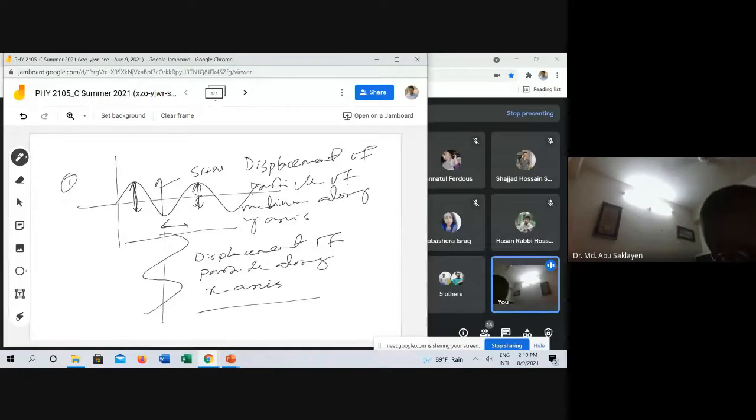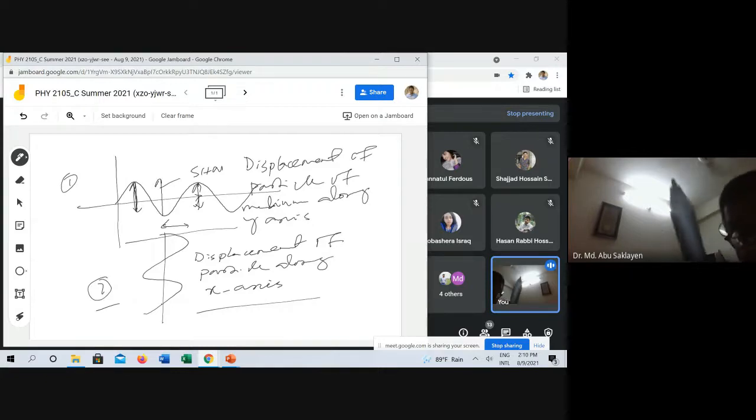So if they act individually, independently, the particle of the medium oscillates along y-axis, and displacement of the particle along x-axis in case of two.